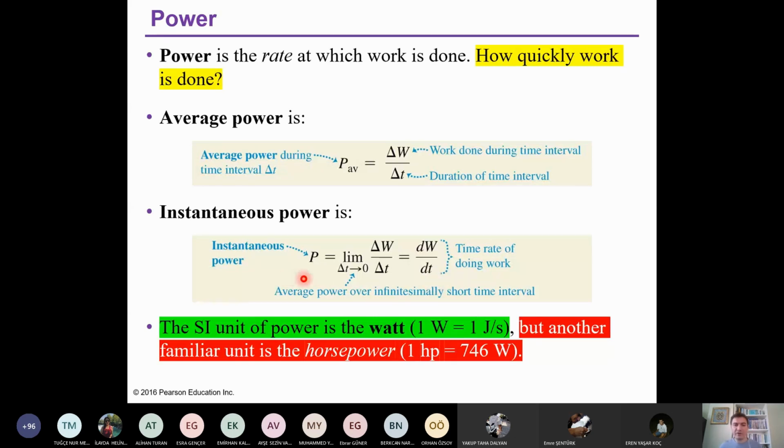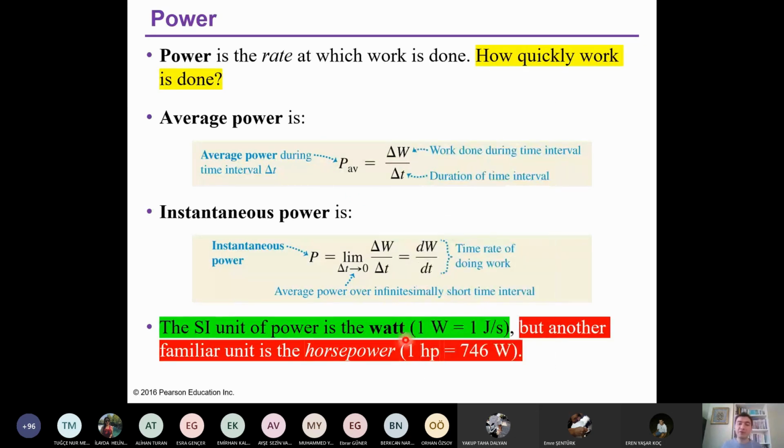So what is the unit of this power? What was the unit of work? The unit of work is joule. The unit of time is second. Then the unit of power is joule per second, or watt. 1 watt is equal to 1 joule per second.